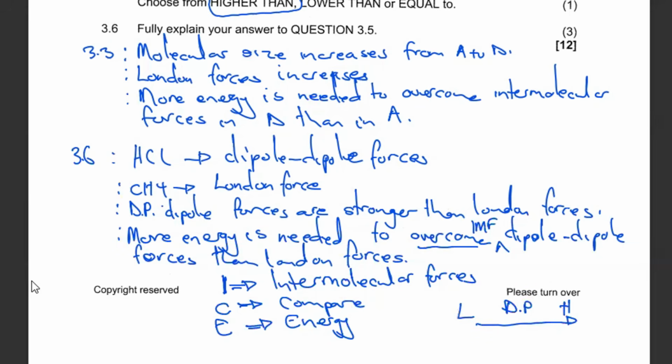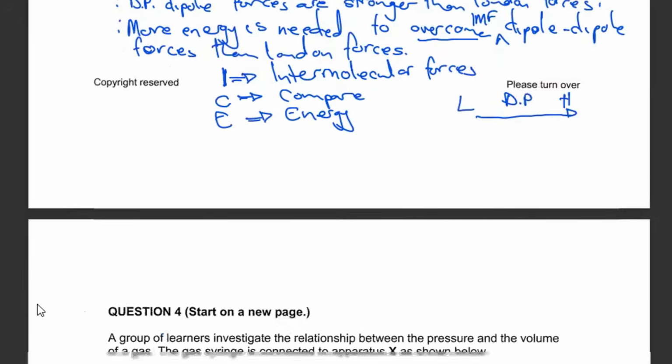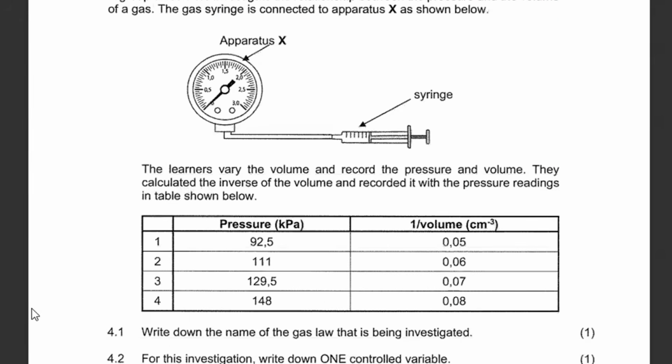As we move to the right, the strength of the intermolecular forces increases. Then we move on to question number 4. A group of learners investigate the relationship between the pressure and the volume of a gas.